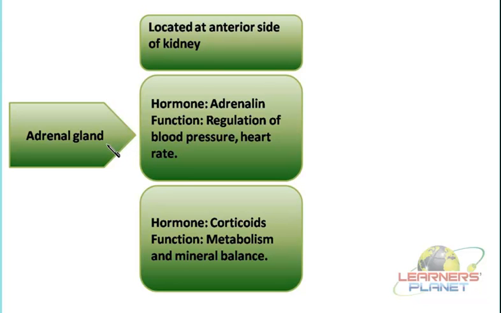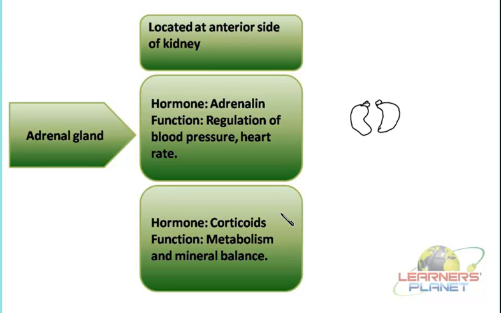They are again situated as a pair, one on the anterior side of each kidney. See, this is a kidney here. Let us just have a rough diagram of this particular structure. So if this is a pair of kidneys, towards the anterior side means towards the upside, that means it is somewhere here towards the inner side.